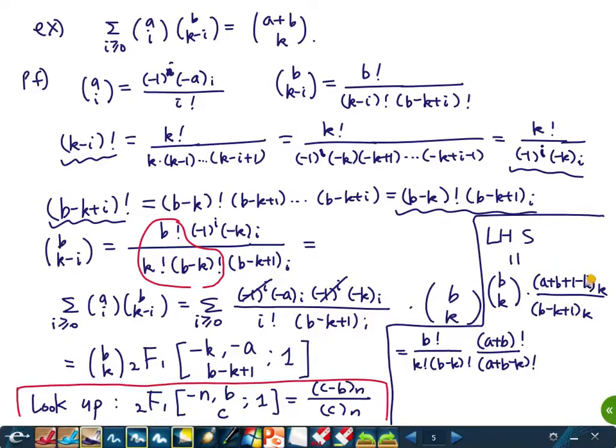This is for the numerator. If you cancel the common factors, then you will end up getting this. What about this? Again, this is b factorial divided by b minus k factorial. Now, you just need to cancel this and this, and this is the binomial coefficient a plus b choose k. So that's the proof.